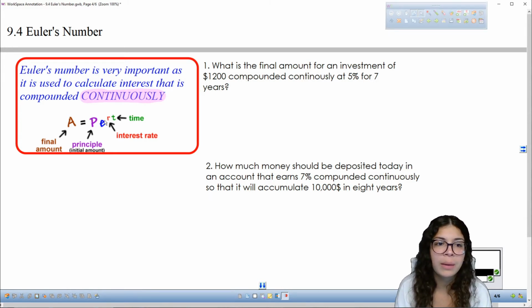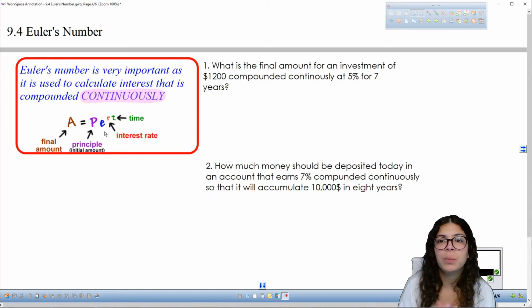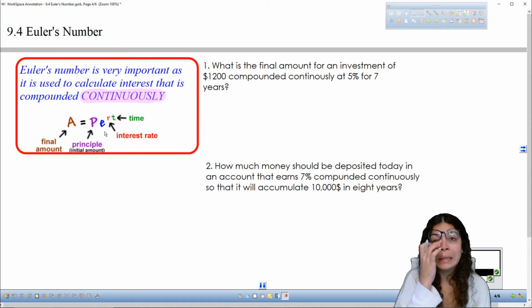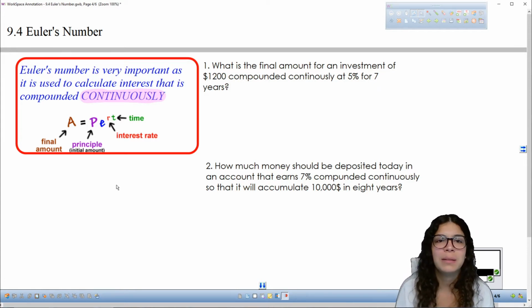Normally we have something else for the rate, but for continuous compounding, the base is e, Euler's number, and the power is r, whatever the interest rate is, multiplied by the time. Notice that n is not a factor because we are not compounding a certain number of times in the year. We are compounding continuously, so we're using e, Euler's number, as the base.